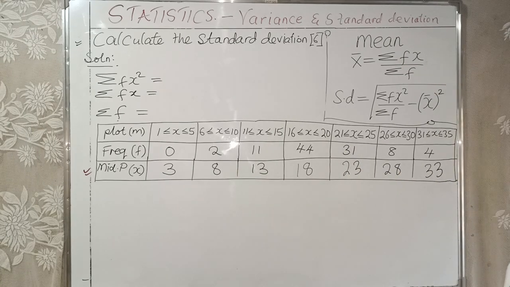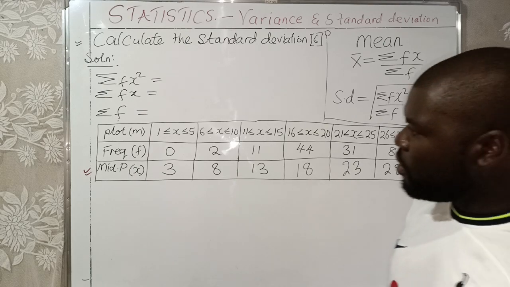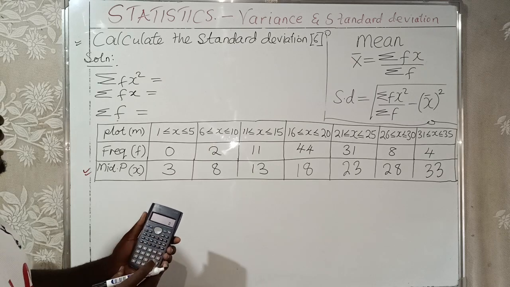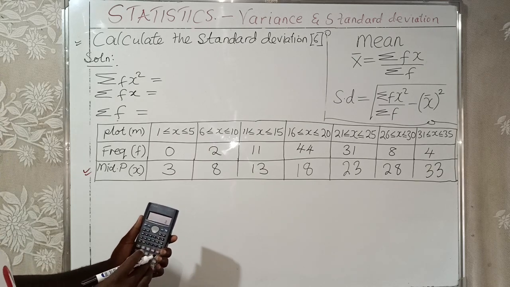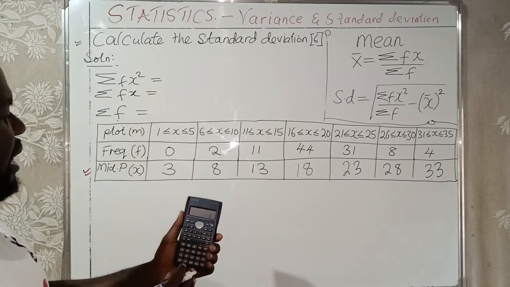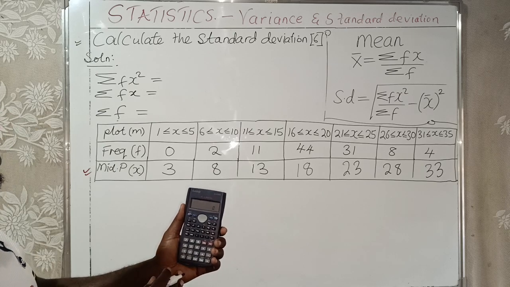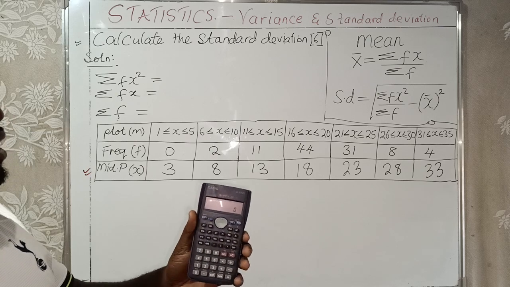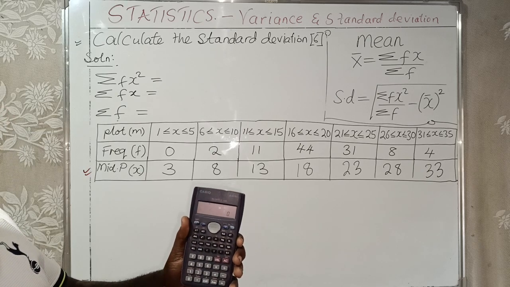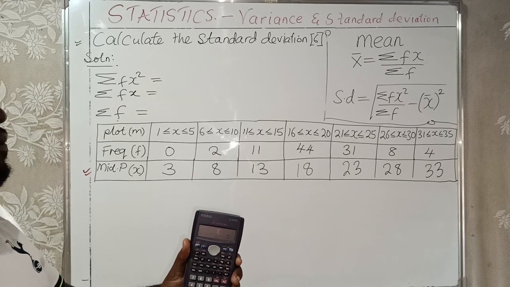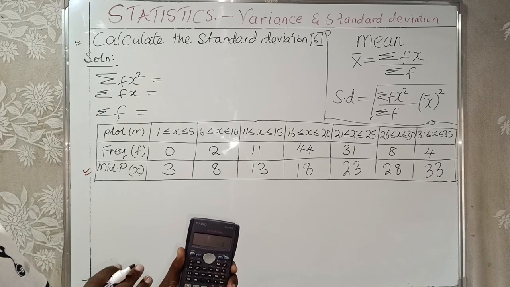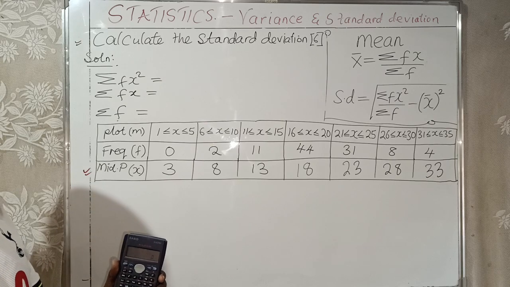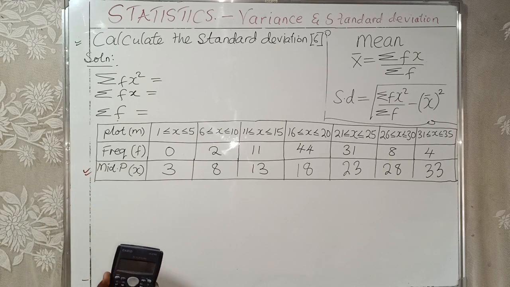So once we are done with the midpoints, all we need to do is to pick our scientific calculator. As long as your calculator looks like this, FX 82, you can easily follow the proceedings and use your calculator to get the standard deviation, mean, and variance.